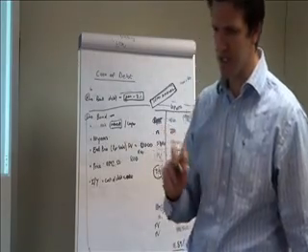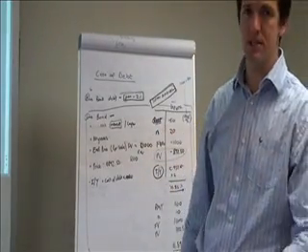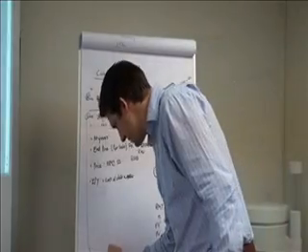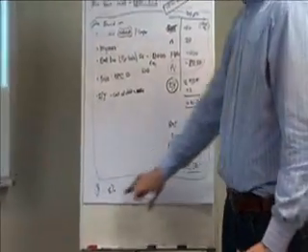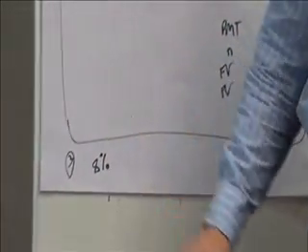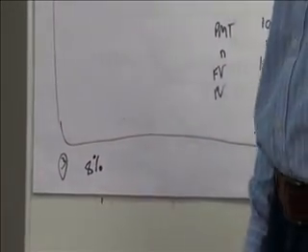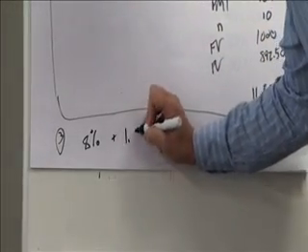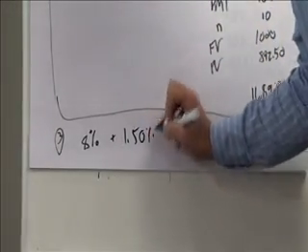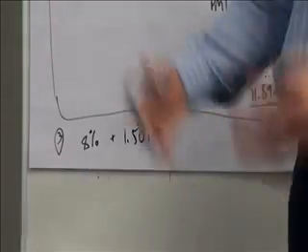Another thing they could do is say your government debt is, say, 8%, and your debt is expected to carry a risk premium of 1.5%. And this is just the spread.